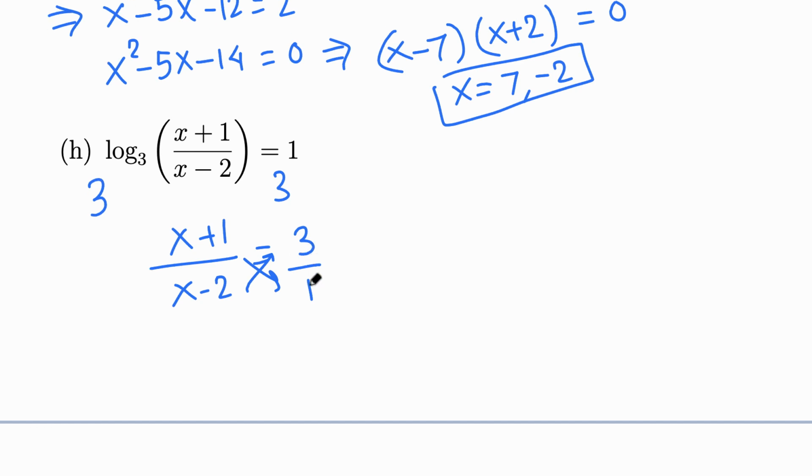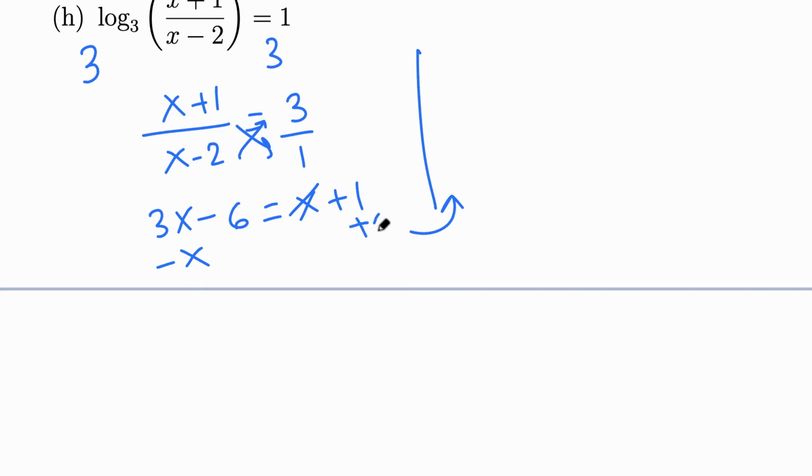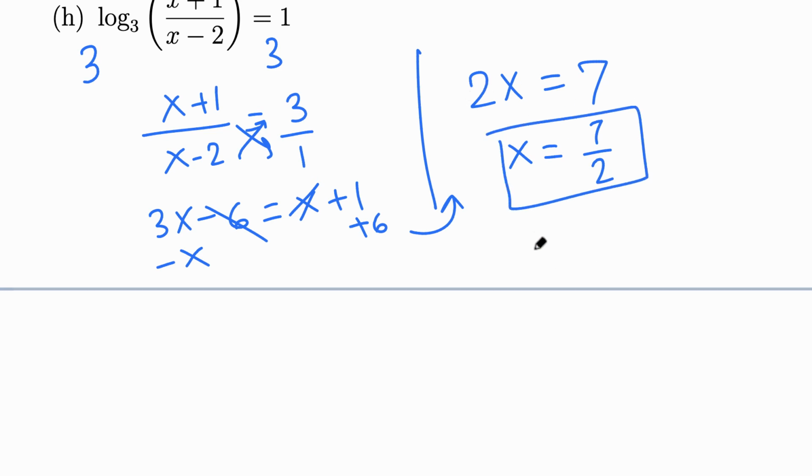So 3 times x minus 2, which is 3x minus 6, equals x plus 1. We are trying to isolate x, so subtract x from both sides and add 6 to both sides. 3x minus x is 2x, equals 1 plus 6, which is 7. Now divide by 2, so x equals 7 halves. Final.